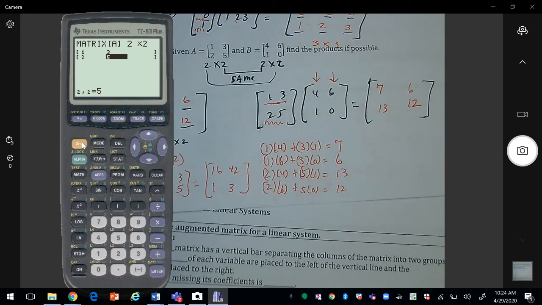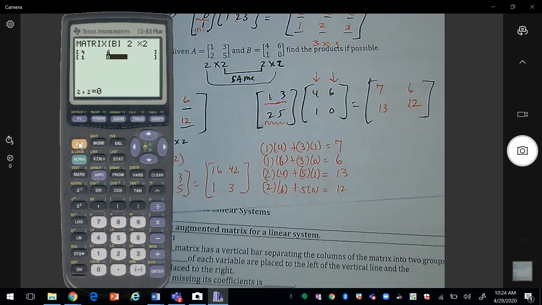Then I'm going to go ahead and second quit, and do it again: second matrix, edit, but this time I'm going to choose matrix B. It is a 2 by 2 also. Then I'm going to enter those numbers: 4, 6, 1, 0.